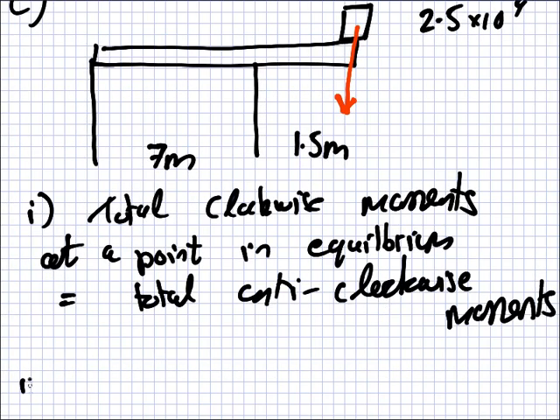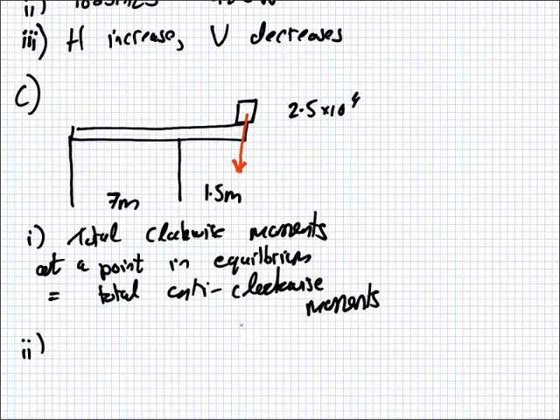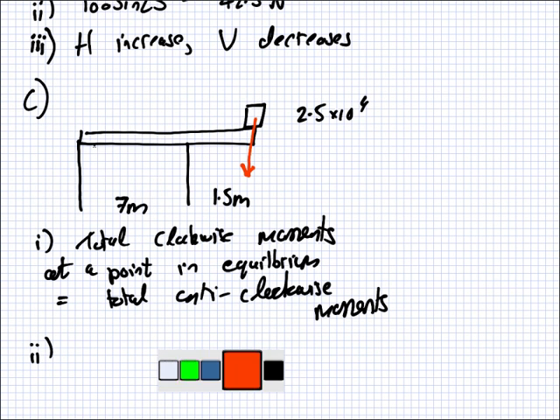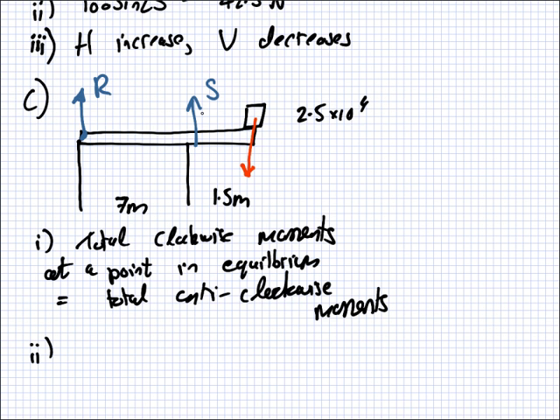C2. Determine the magnitude and direction of the vertical force on the beam at support X. Right, so look, there's two forces here. Matt, does the beam have a weight, a mass? It doesn't? It's a massless beam.